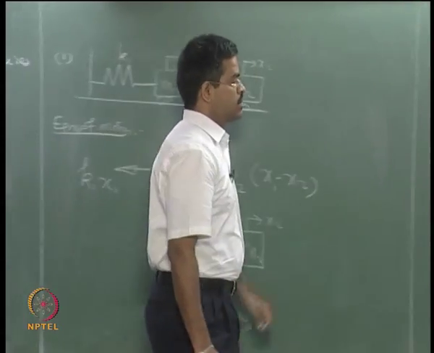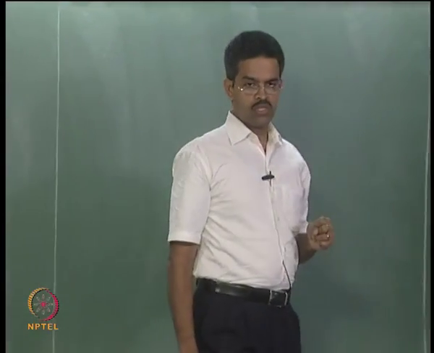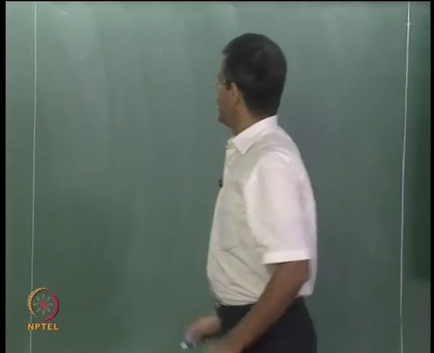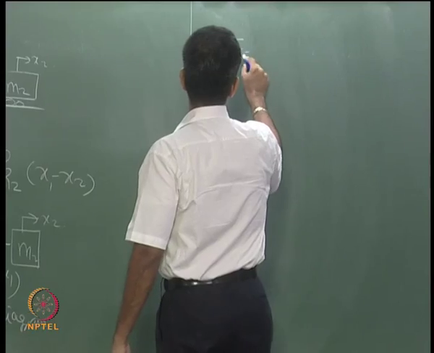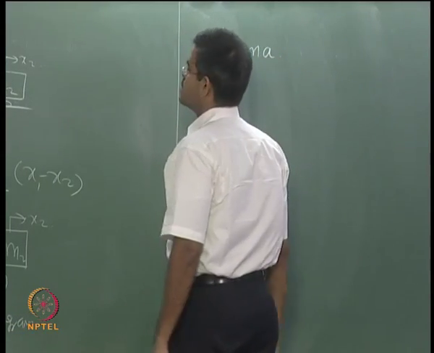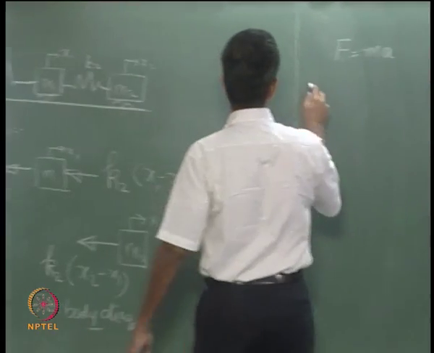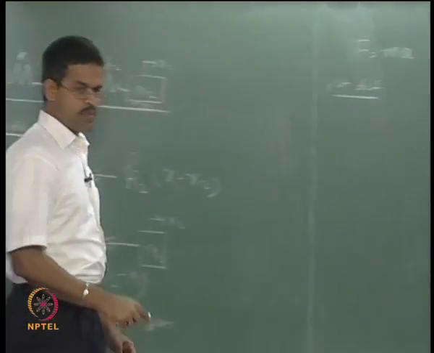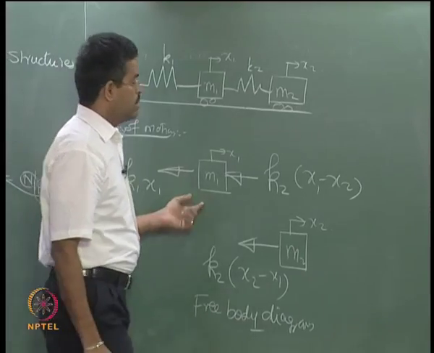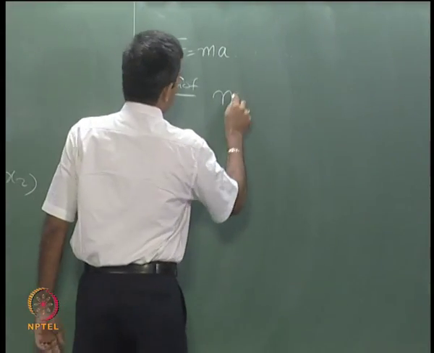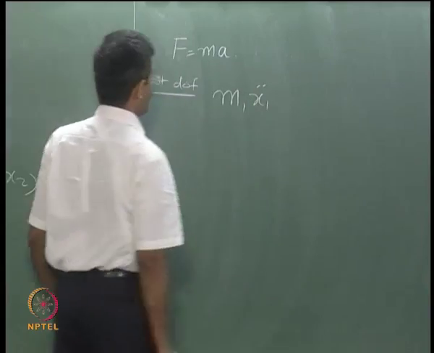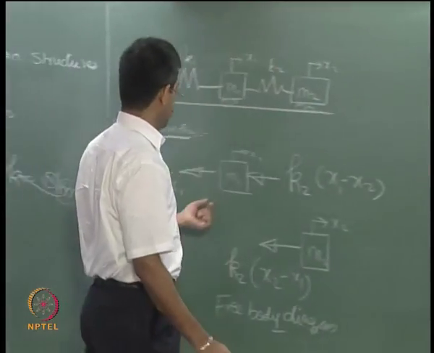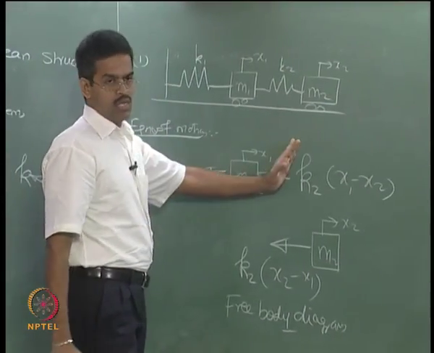Based on which now I will write the equations of motion using Newton's law. Newton's law states that force is equal to mass into acceleration. So let us pick up the first case. I will say first degree of freedom, or first degree of displacement, which is x1. So it is going to be m1 x1 double dot, that is the force which is mass into acceleration, and it is moving towards right.